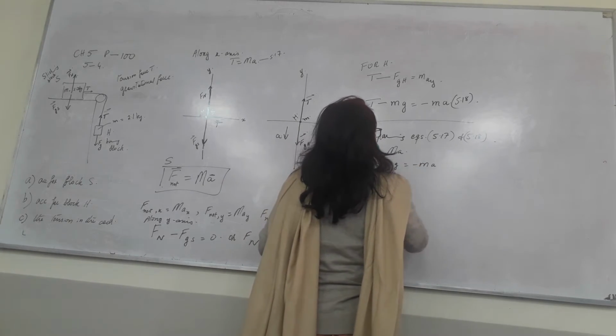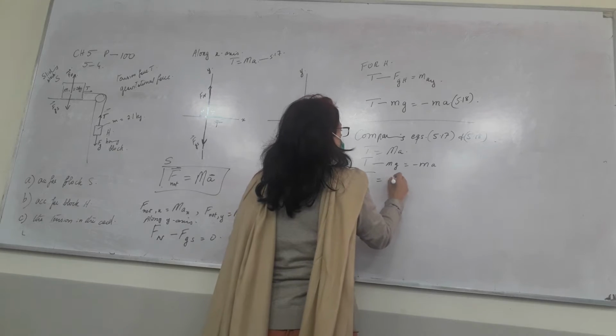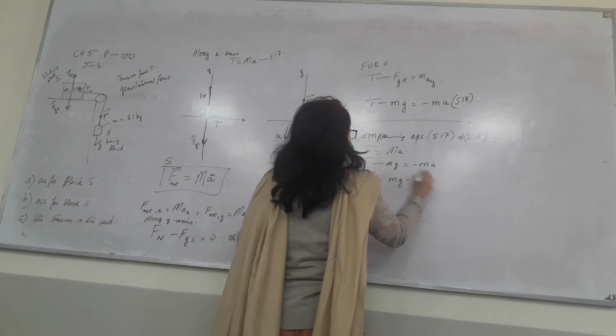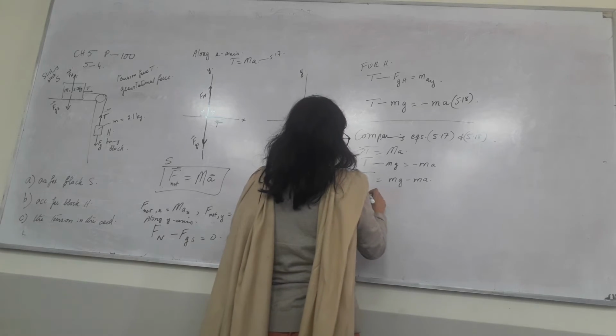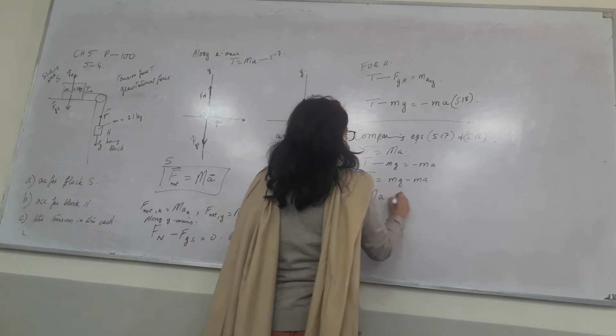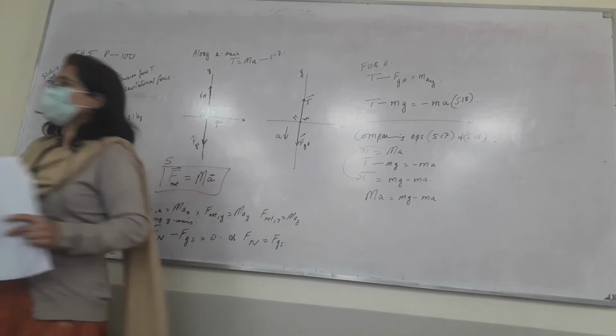When you compare these equations, this can be written as T is equal to mg minus ma. So, if you compare these two, you get that ma is equal to mg minus ma, right?